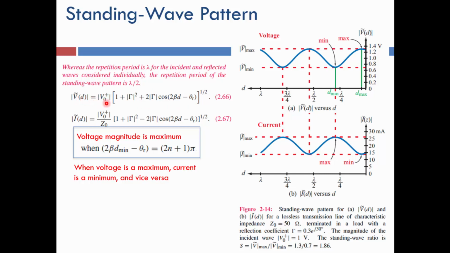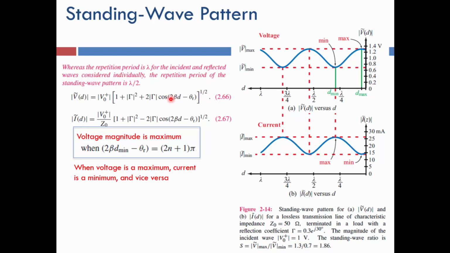And we could note this oscillation is repeated for each half lambda. Here we have 2 multiplied by beta, and beta we know is 2 pi over lambda. So here we have 4 pi over lambda. So along a lambda, the cycle will repeat itself 2 times.